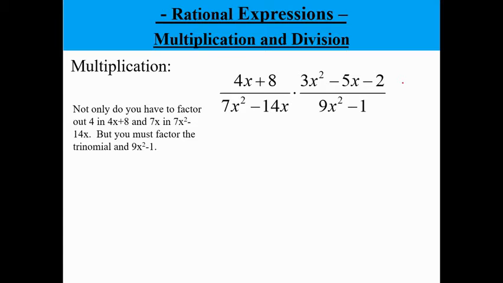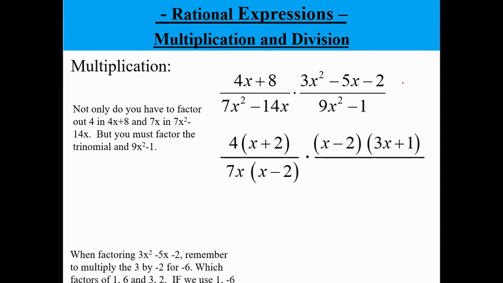Okay, not only do we have to factor the 4 out of 4x plus 8 and the 7 out of the 7x squared minus 14x, but we also must factor the trinomial 3x squared minus 5x minus 2 and the 9x squared minus 1.